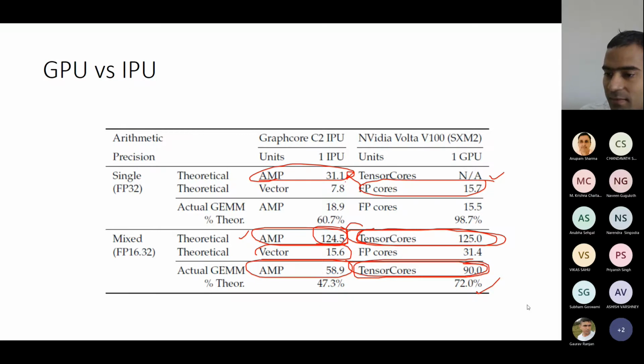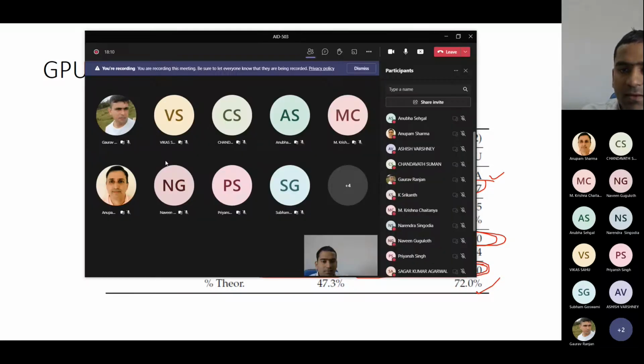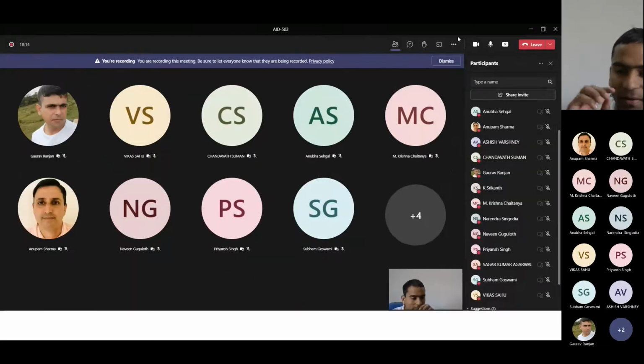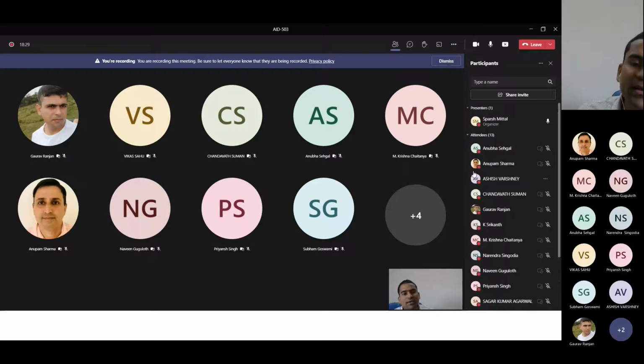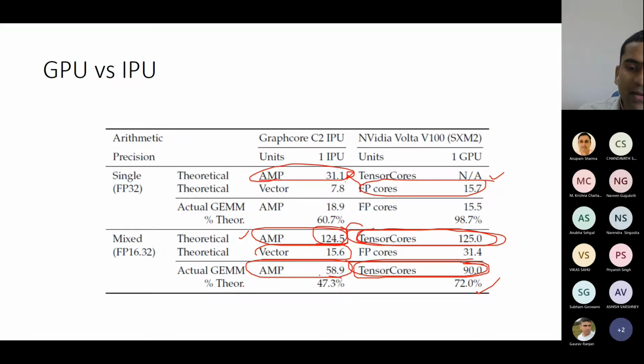Is it clear, everybody? So although the peak performance of IPU is matching the tensor cores in the GPU, when you actually run it, because of availability of memory or whatever reasons, you are not able to fully get the entire performance. You get less than half, whereas here you achieve 72%.